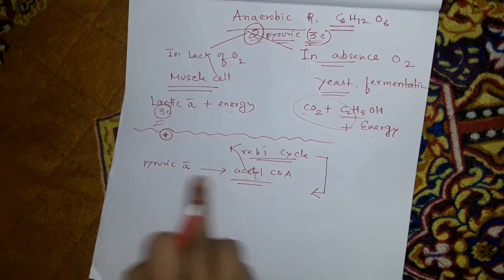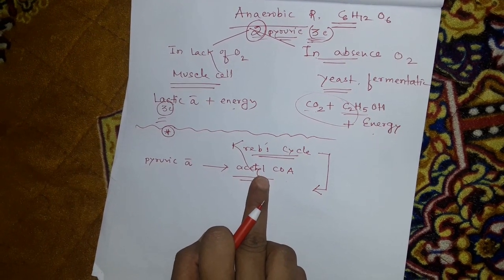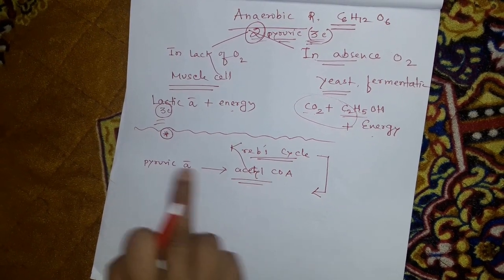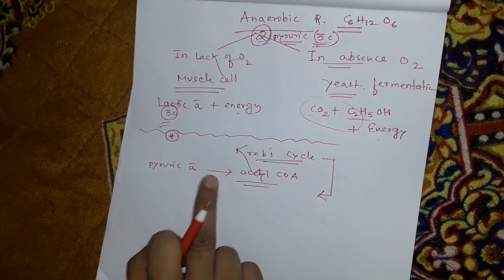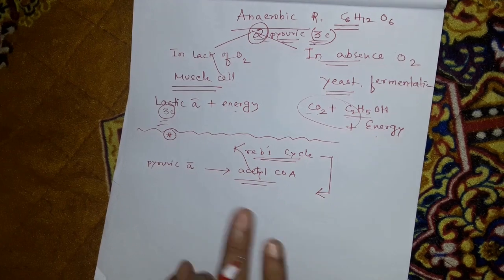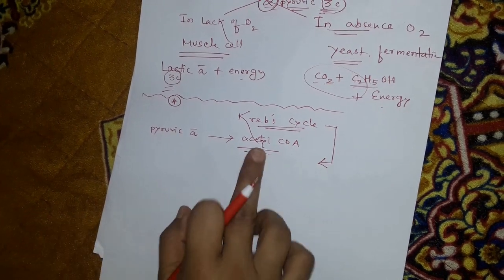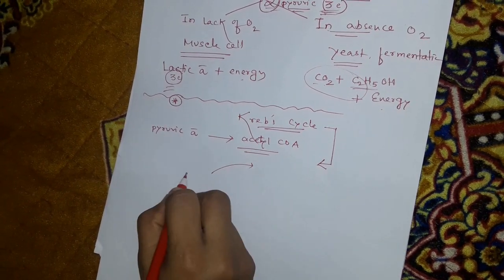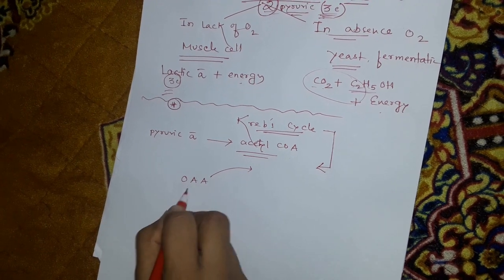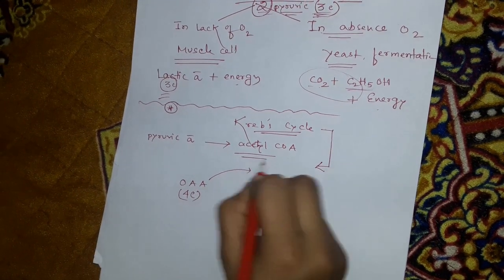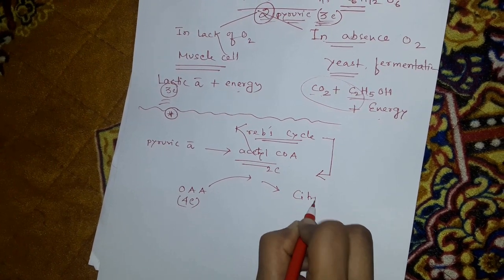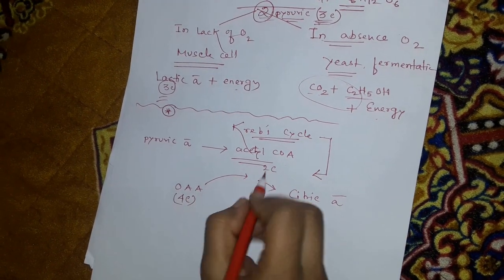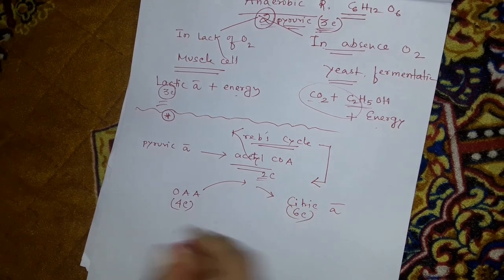Pyruvic acid is transformed into acetyl-CoA with the help of pyruvate dehydrogenase, some ions like magnesium, and NAD. This acetyl-CoA will now react with oxaloacetic acid, a 4 carbon compound. This is 2 carbon. So the result is citric acid, which is 6 carbon.